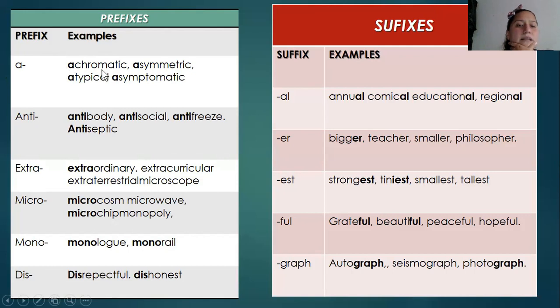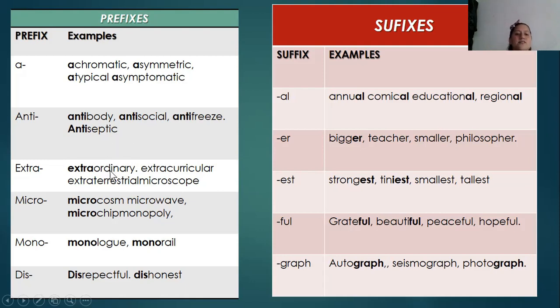In this case, achromatic, asymmetric, atypical, asymptomatic. For example, some people are asymptomatic with COVID. Anti, antibody, antisocial, antifreeze, antiseptic. With this pandemic, you have to use antiseptic alcohol.